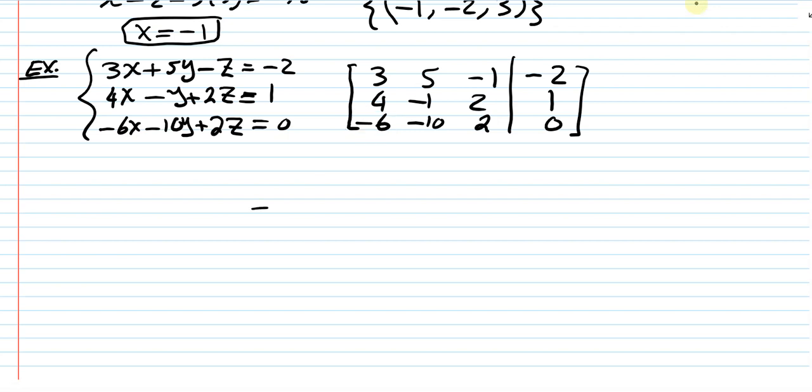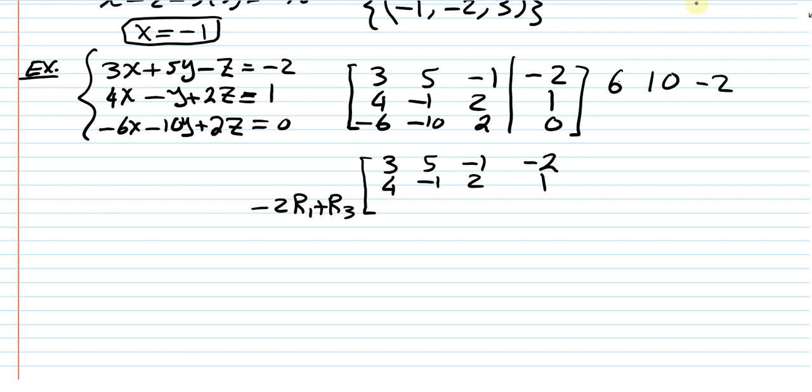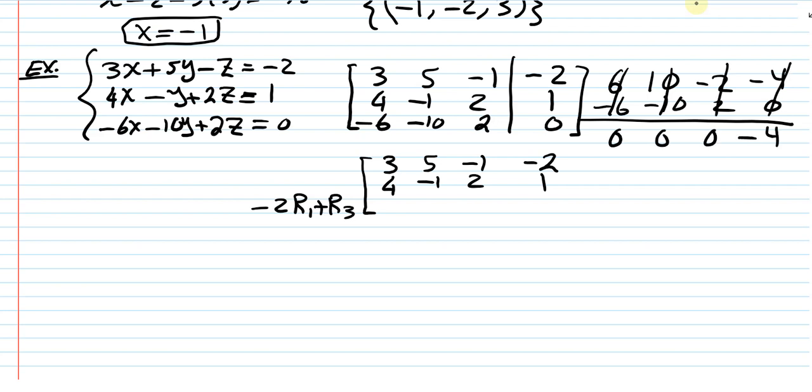So I'm going to do 2 times row 1 added to row 3. First row, intact. Second row, no changes there. And the third row, well, 2 times first row: 2 times 3 is 6, 2 by 5, 2 by -1, 2 by -2. Added to -6, -10, 2, 0. Opposite, opposite, opposite, and that's -4. So the new third row reads 0, 0, 0, -4.